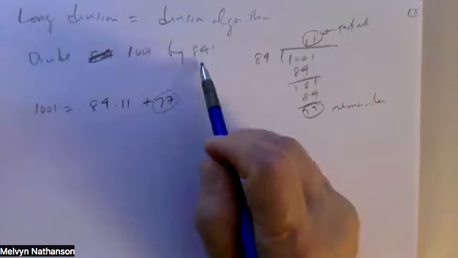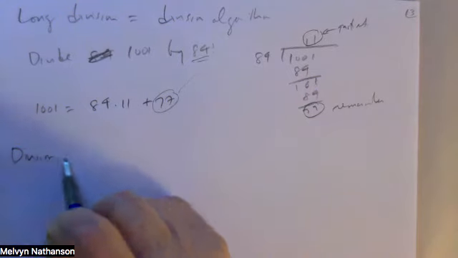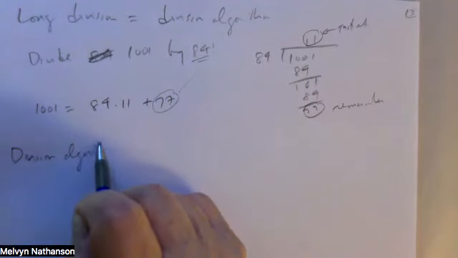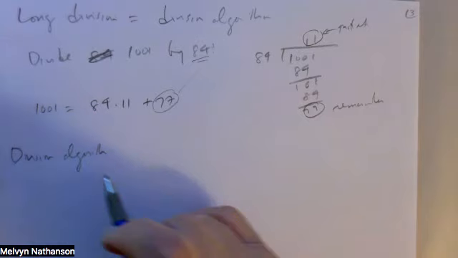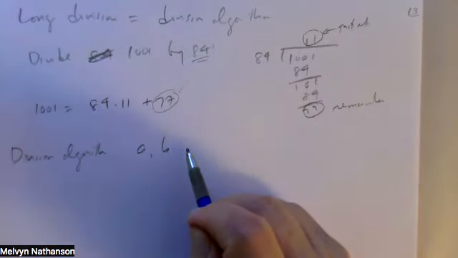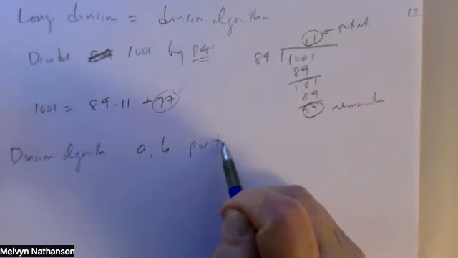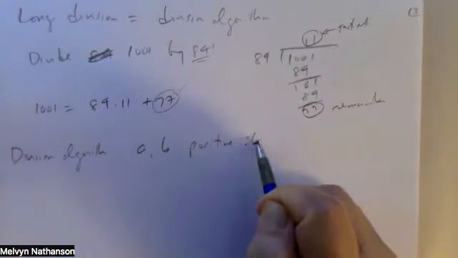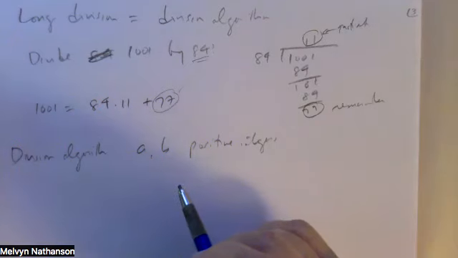And the division algorithm says that you can always do long division, and precisely the following. Suppose we have A and B positive integers.